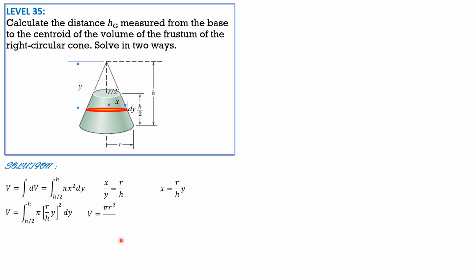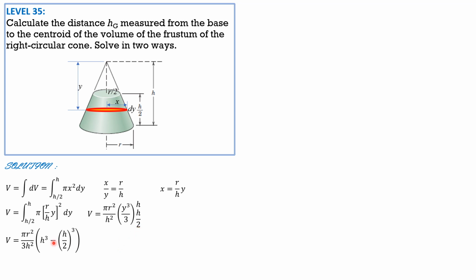So volume equals pi r squared over h squared, integral of y squared is y cubed over 3, from h over 2 to h. So volume equals pi r squared over 3h squared, quantity h cubed minus (h over 2) cubed. Of course, the lower limit, not shown, is 0.